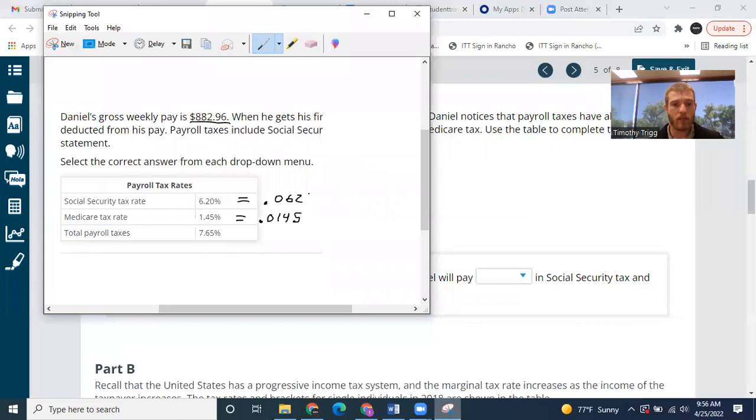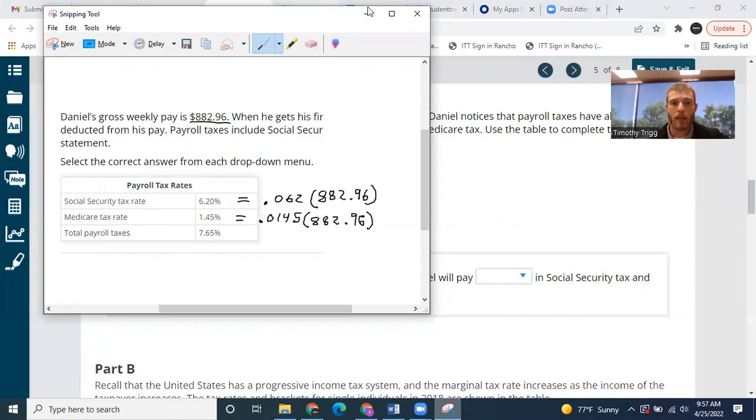And you're going to multiply each of these times his gross pay, which is $882.96. Multiply those together to get his Social Security tax, and multiply his gross pay times the Medicare tax rate. And that'll give you how much he pays in the Medicare tax.